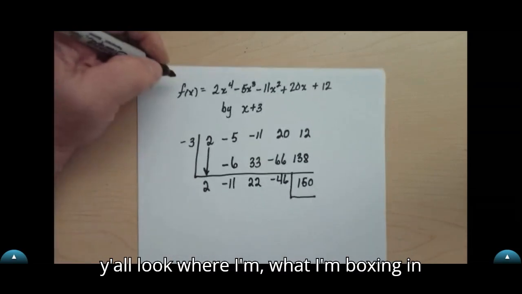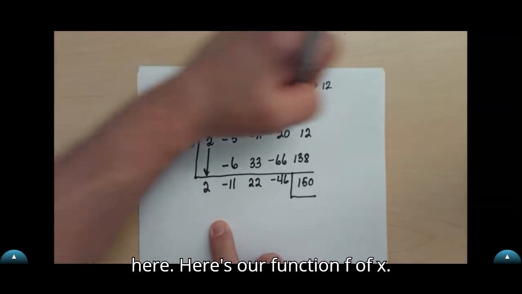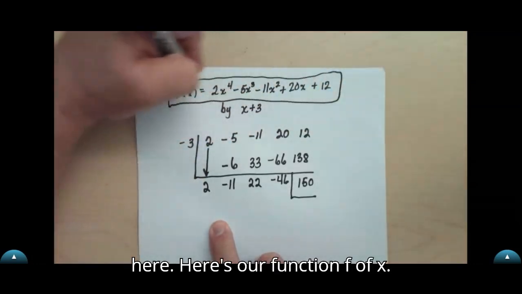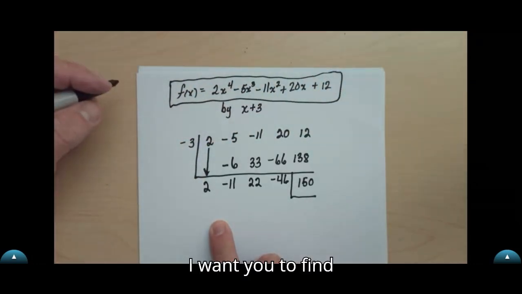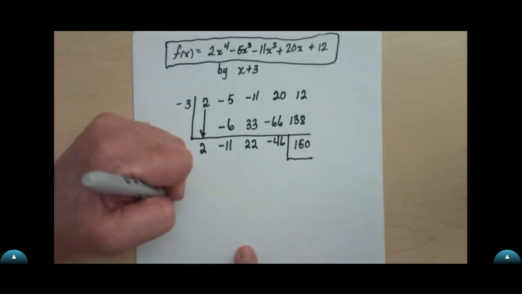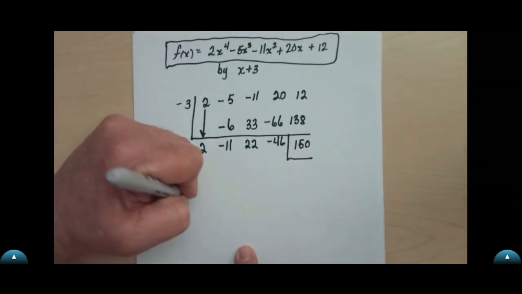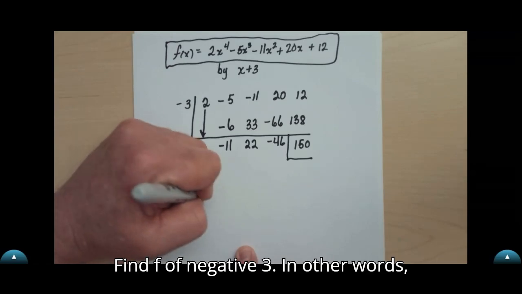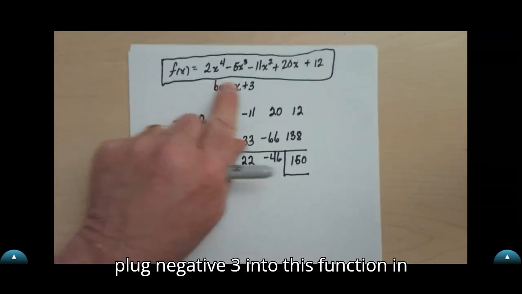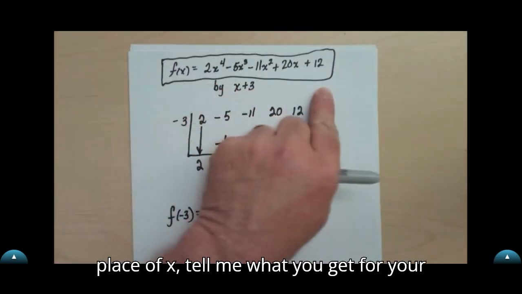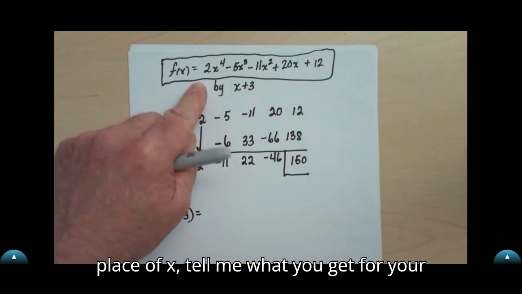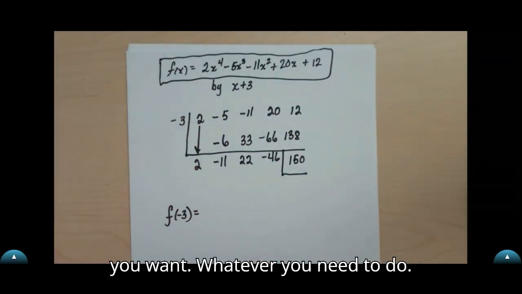Okay, now, before we do any more synthetic division, I want us to do something. So y'all look what I'm boxing in here. Here's our function f of x. I want you to find f of -3. In other words, plug -3 into this function in place of x. Tell me what you get for your answer. You can use your calculator if you want, whatever you need to do.